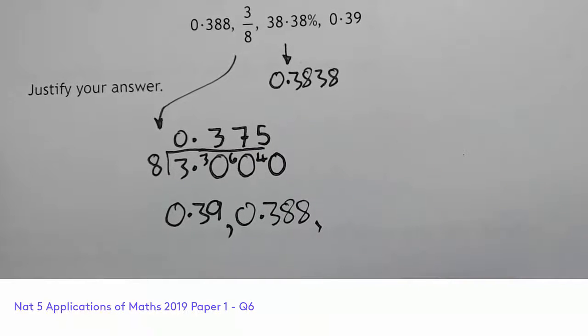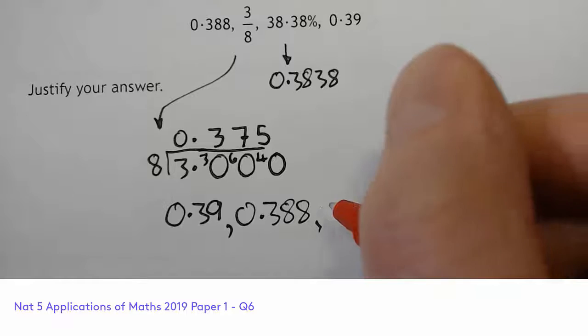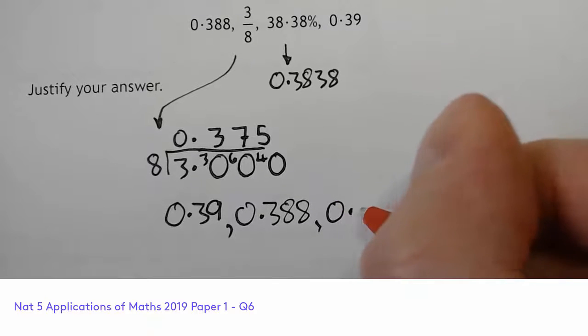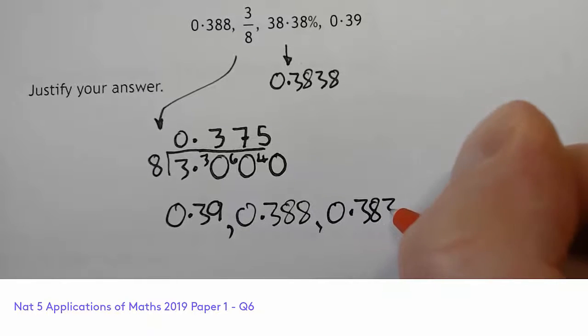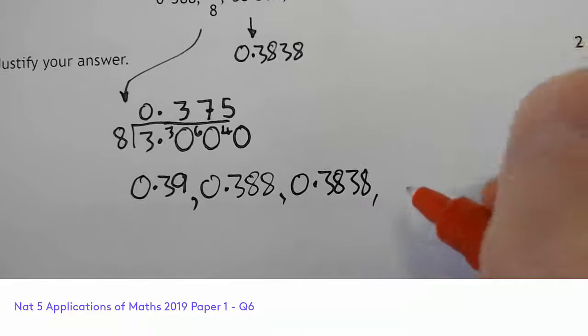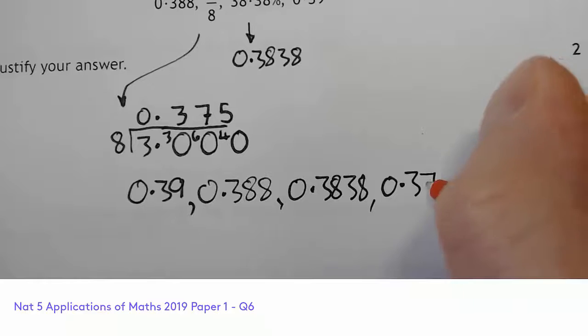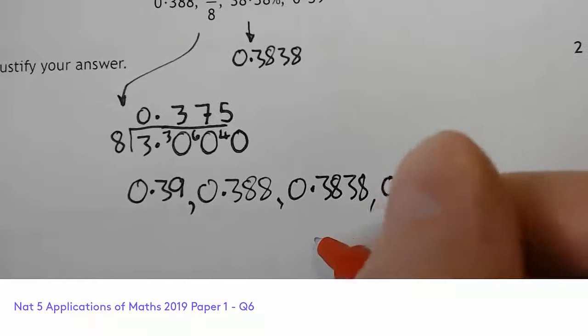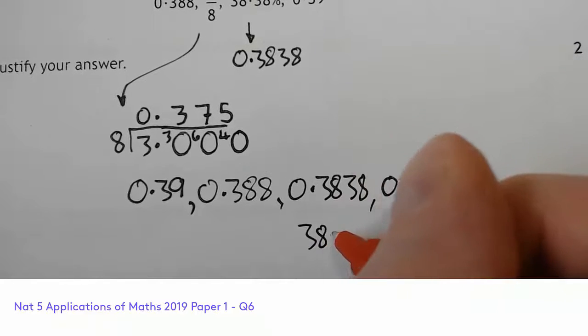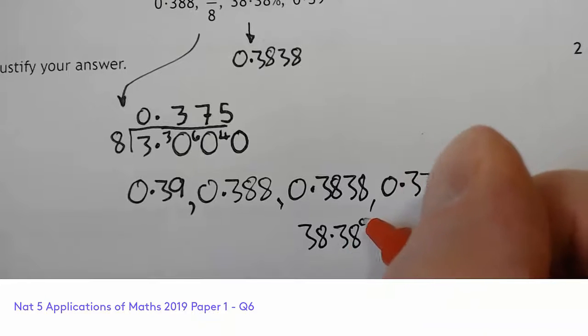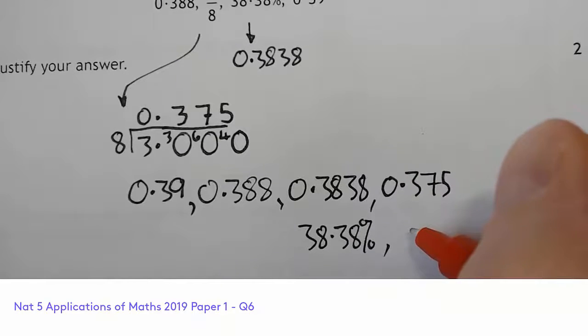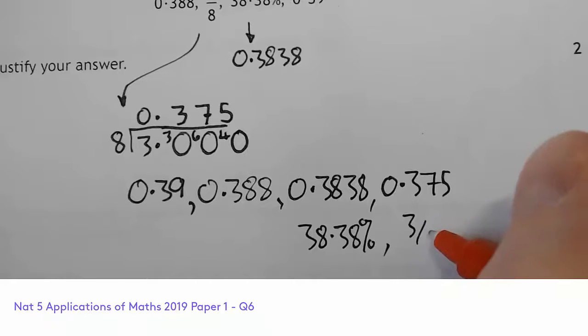Okay, we then got 0.3838, and last but not least is the fraction that we converted. Okay, so that came from the 38.38%, and that came from the 3 over 8.